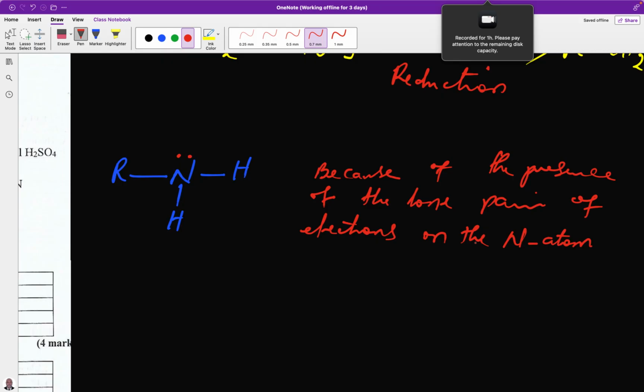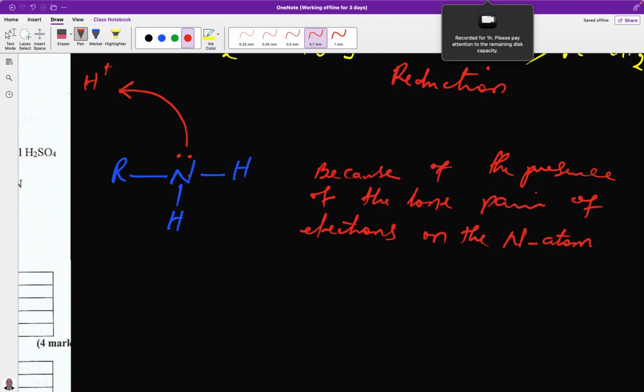So all bases must have a lone pair of electrons to donate to form a coordinate bond with a hydrogen ion that comes in. Let's say this is a hydrogen ion that is coming in. The base must donate the lone pair of electrons to it. So the main feature that makes amine basic is the presence of the lone pair of electrons. That's all.